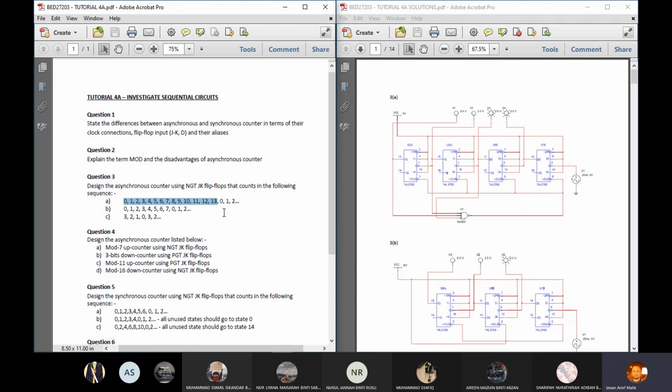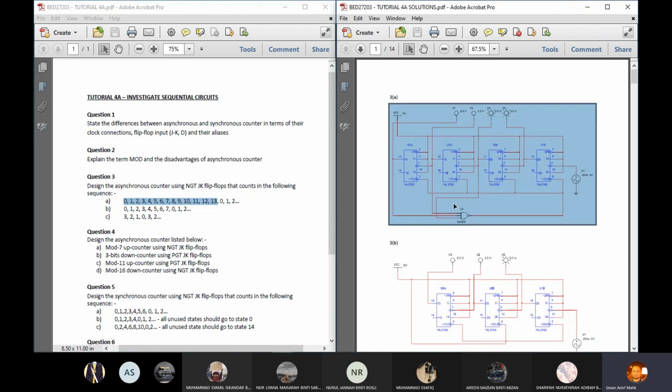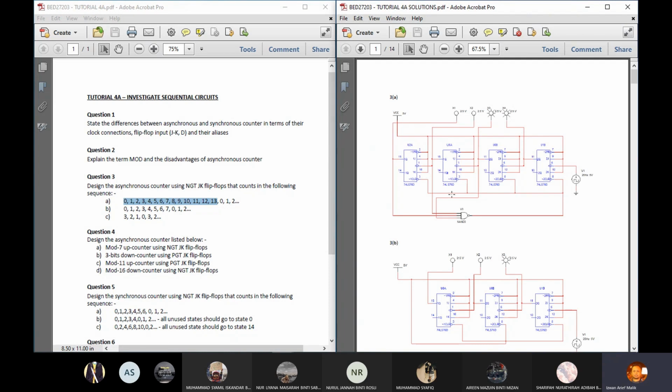Okay, so mode 14 up counter, the number will count from 0 until 13, and the reset state will be state number 14. So wait, is this correct? This is one.